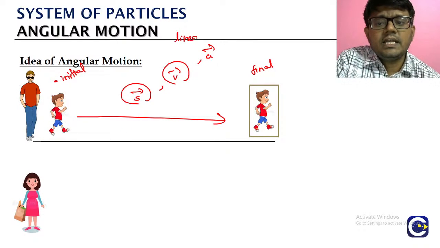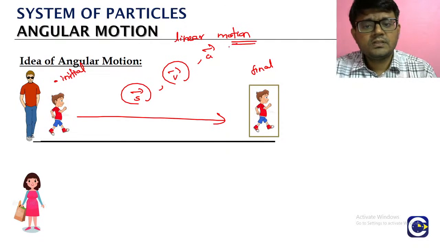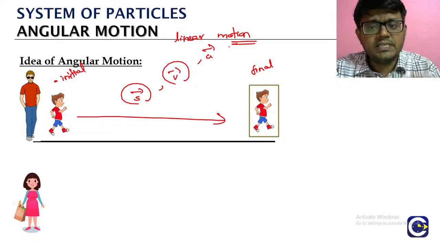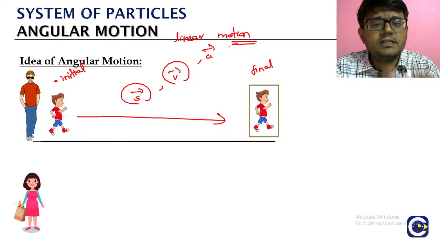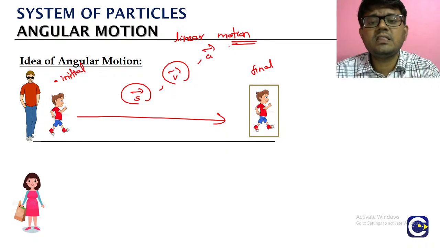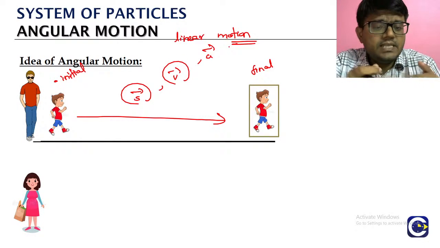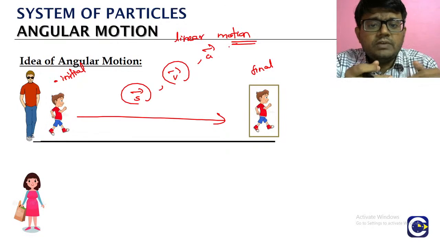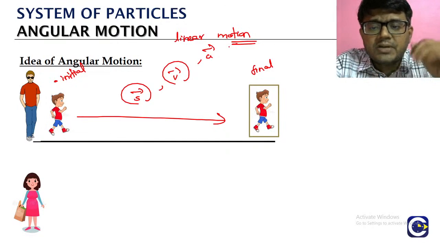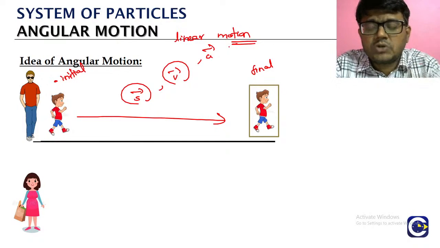These are all linear motion parameters. So when he sees the motion of the son, he sees linear motion.